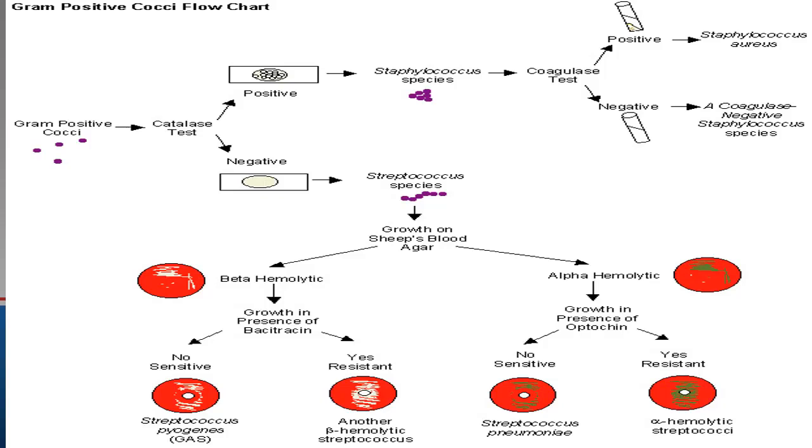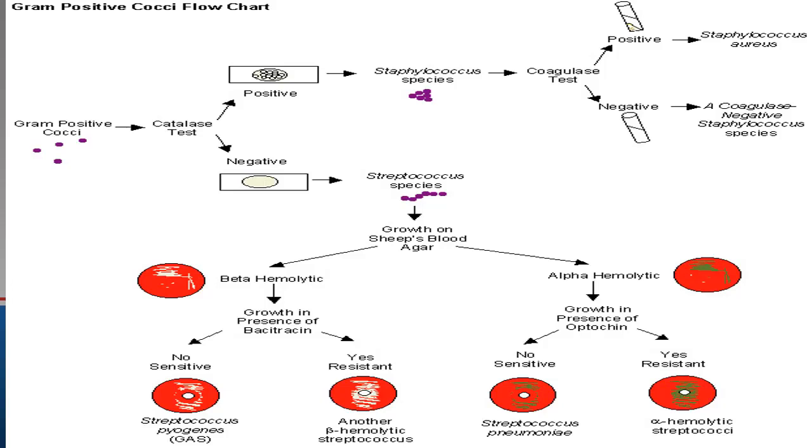We will talk about some important characteristics of common gram-positive agents, and we will talk about it in short. We remember together that gram-positive bacteria are classified as either gram-positive cocci or bacilli.